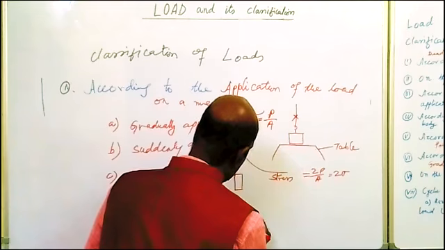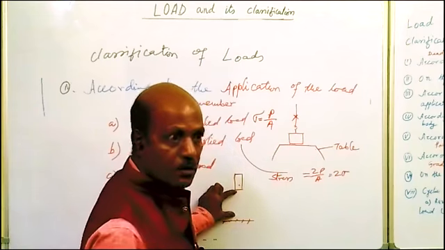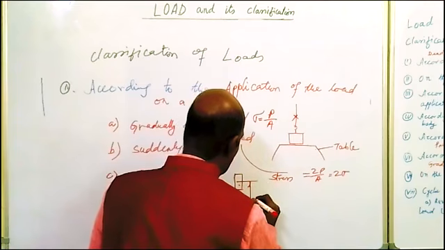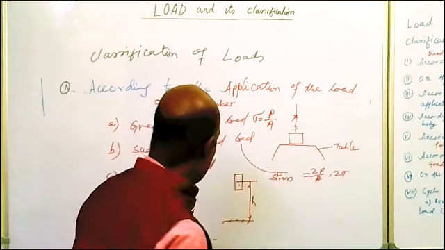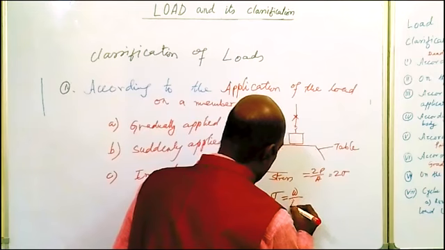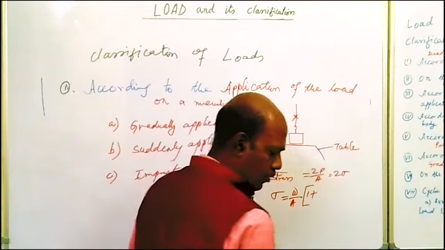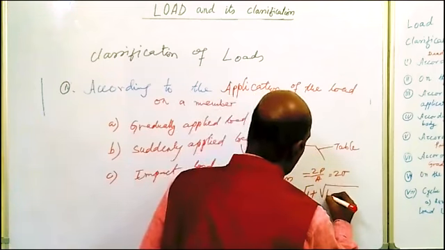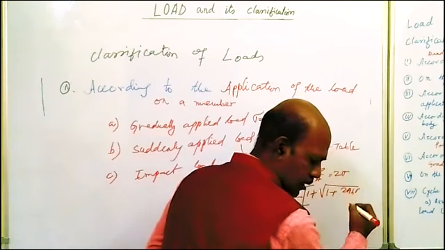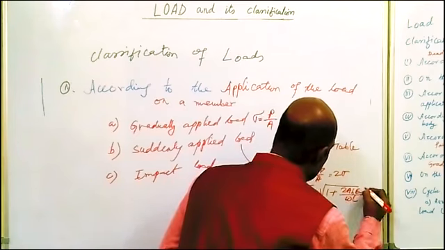So in that case, the dead weight of this member as well as the dynamic load because of the movement through this height, say height is h, both will be applied over the member, and the stress developed because of this is given by sigma is equal to W by A into 1 plus square root of 1 plus 2AHE by WL.